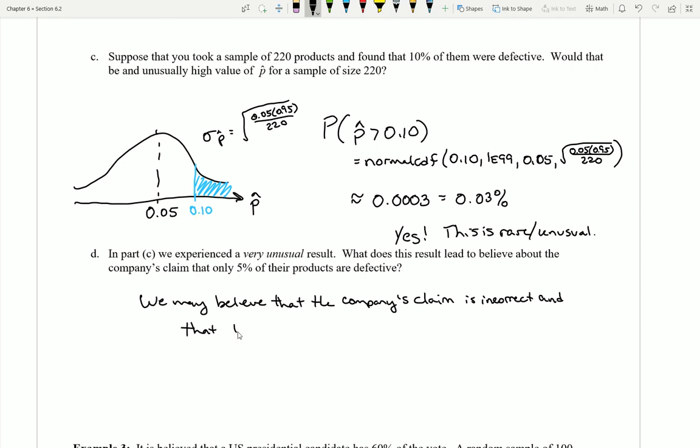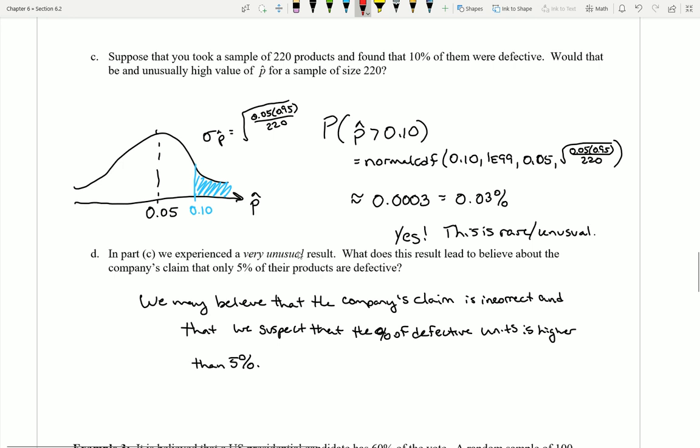So I might be able to say here that we suspect that the percentage of defective units is higher than 5%. Now again, I'm not saying that we know that for sure.